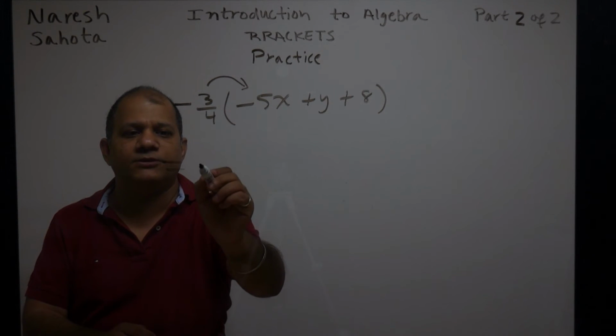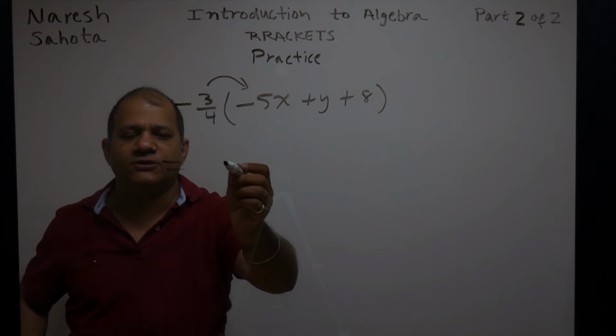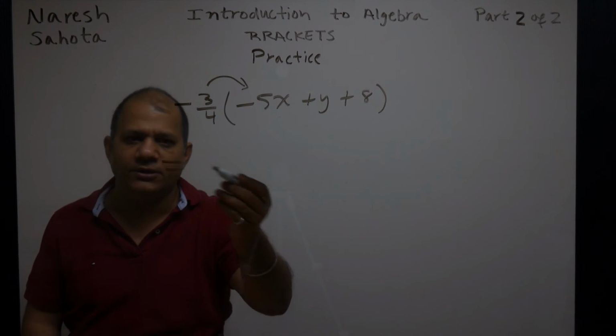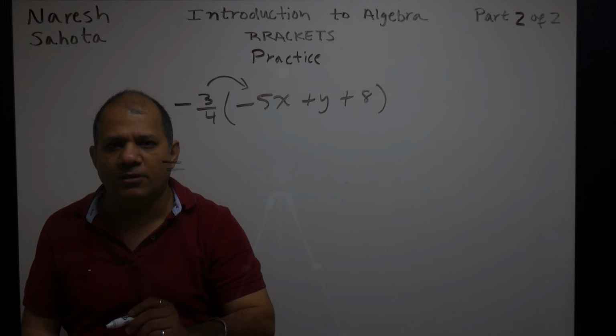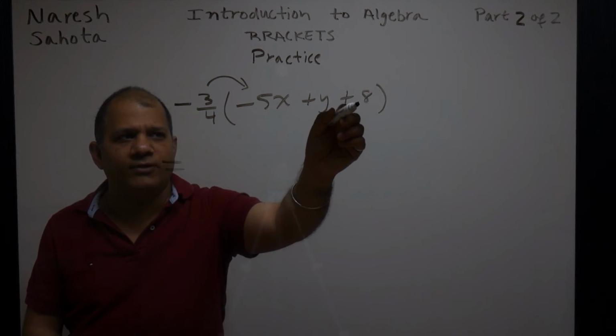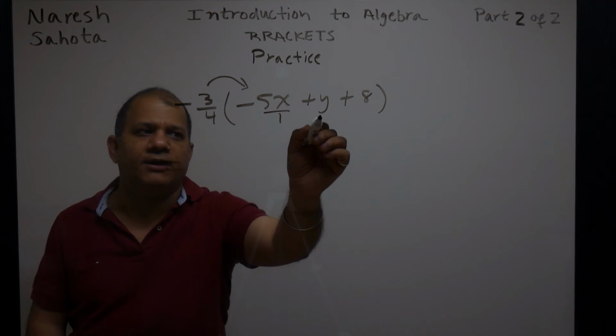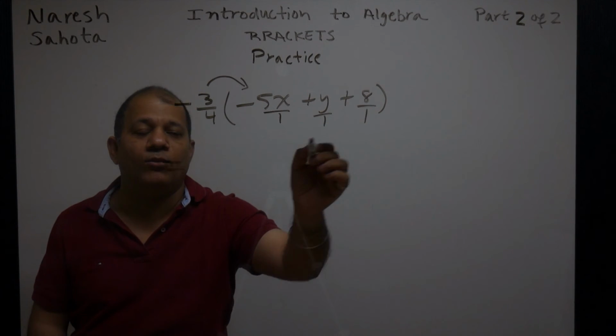Negative times negative is positive. When we multiply fractions, we multiply the numerator with the numerator, and the denominator with the denominator. So these right now are not fractions, but this is. We can make these fractions; all we have to do is divide by 1, divide by 1, divide by 1.